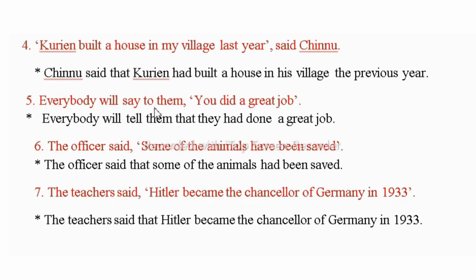Now say to changes to tell, says to tells, said to told. But here we have say to, that's why we are writing tell. Everybody will tell them that, instead of this comma need to write that, you change to they, did a great job. Did a great job means it is in past simple. Past simple changes to past perfect. They had done a great job.